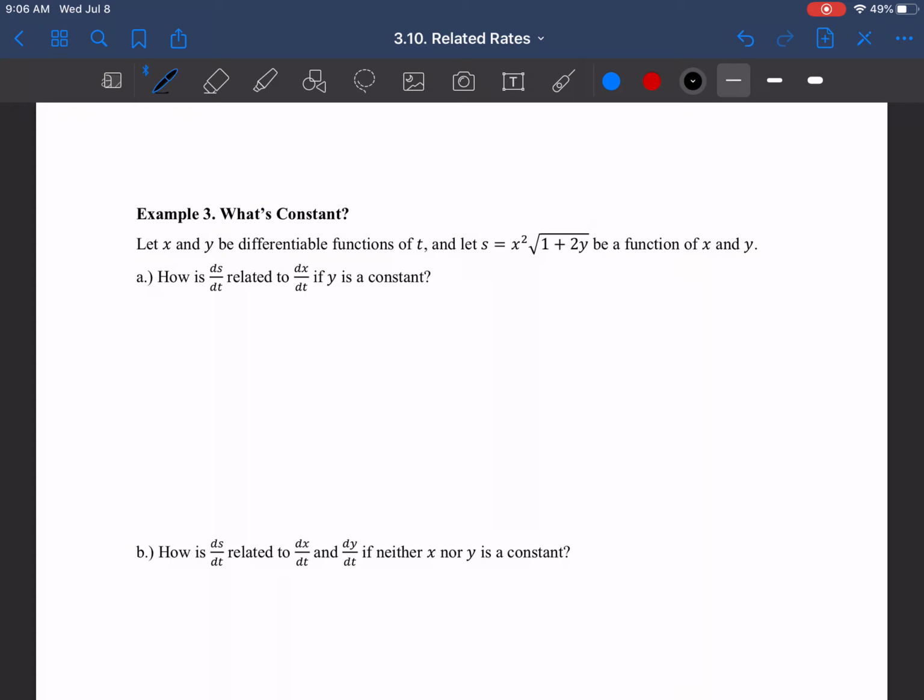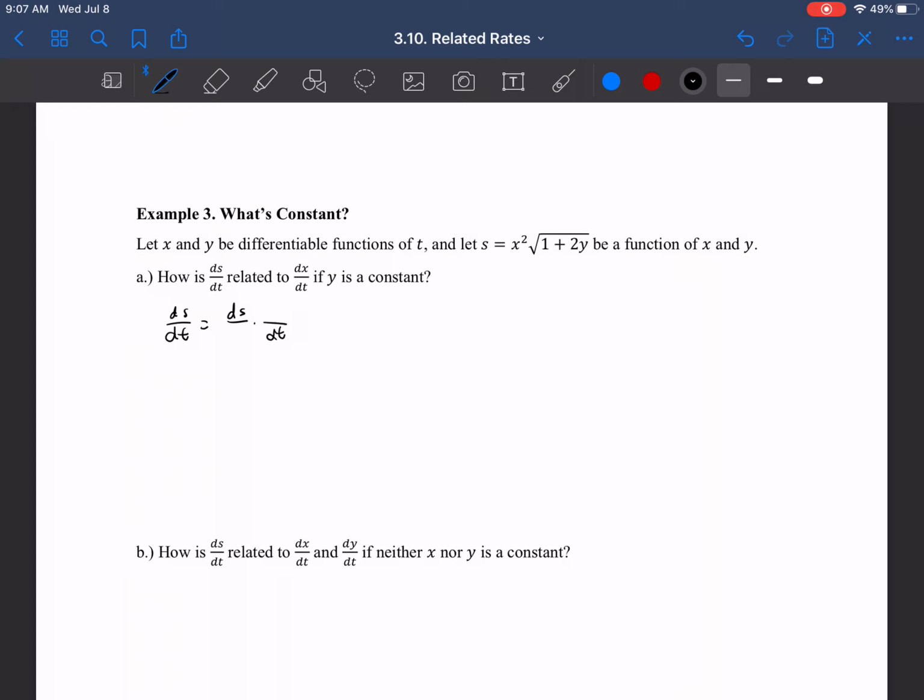So let's see here. We've got x and y differentiable functions of t, and let s equal x squared times the square root of 1 plus 2y be a function of x and y. How is ds/dt related to dx/dt if y is a constant? All right, so ds/dt is going to be, and again, we split it, ds and a dt like that.